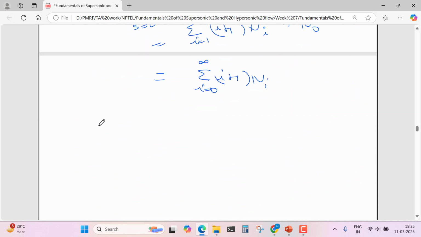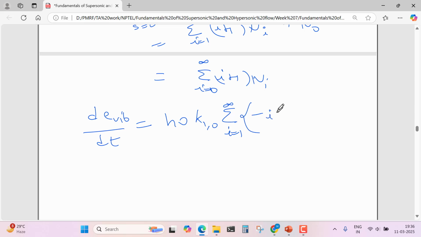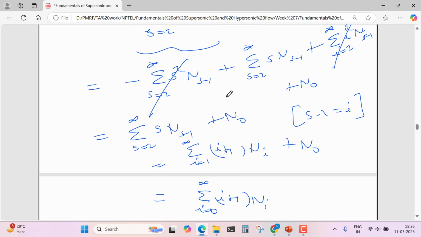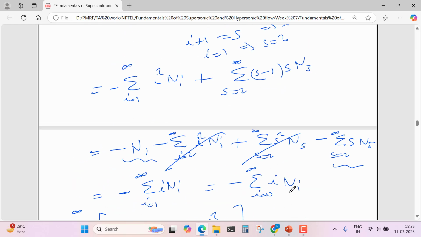So we will get dE vibrational upon dt equal to h nu k1,0 sigma i equal to 0 to infinity minus i n_i. First term we got minus i n_i.